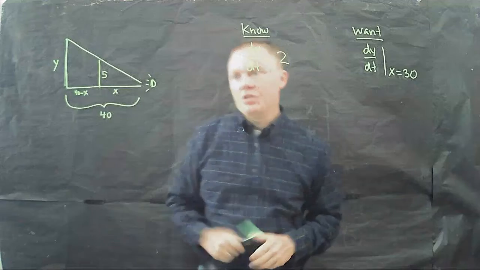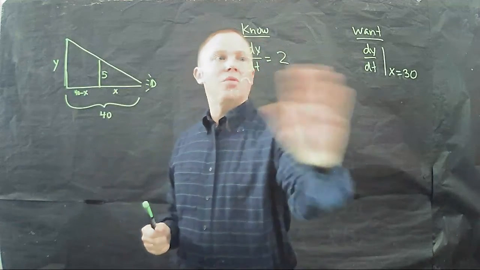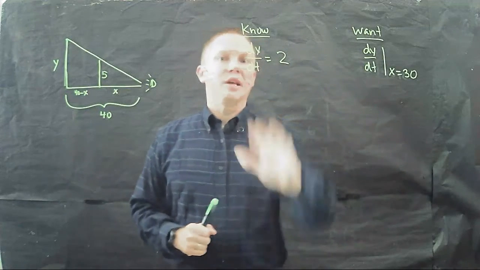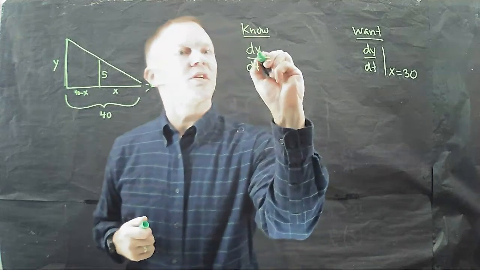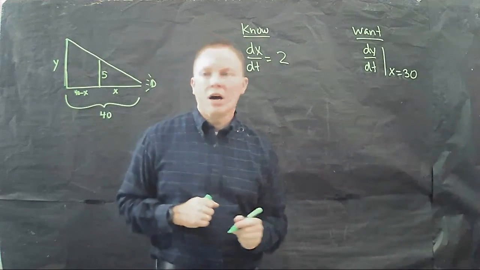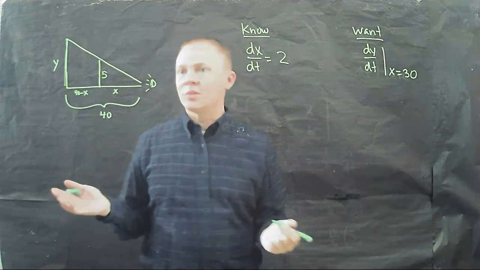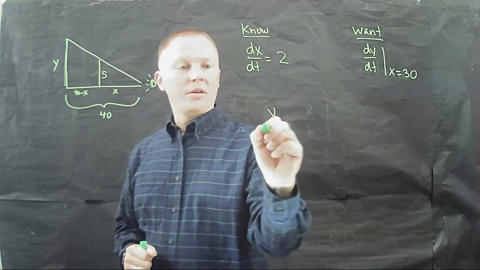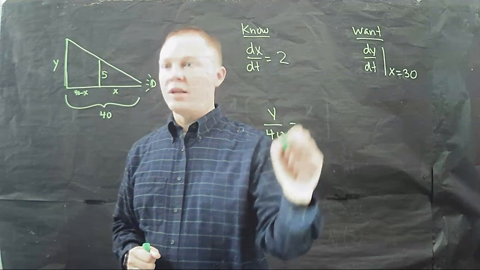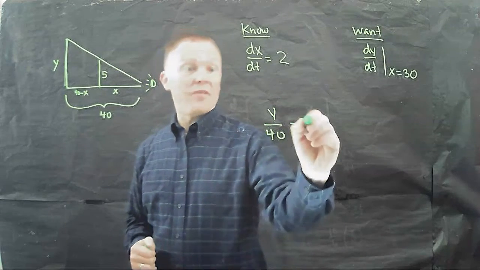Okay? So now we've got a picture set up. We want to write some equation that relates these variables, x and y. Okay, this is an x here. Looks kind of goofy. So what's our equation? Let's look for some similar triangles. So how about y over 40 equals 5 over x?